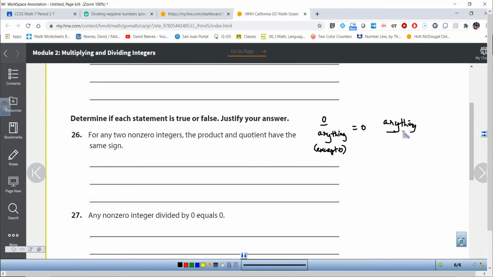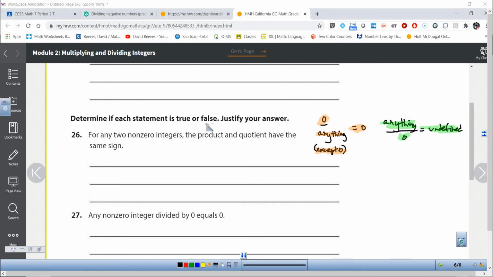Anything divided by 0 is undefined. Okay? So these are important things for you to know. If you got 0 on the top and you divide by anything except 0 on the bottom, the answer is always going to be 0, okay? If you have anything including 0 and you divide by 0, it's going to be undefined.